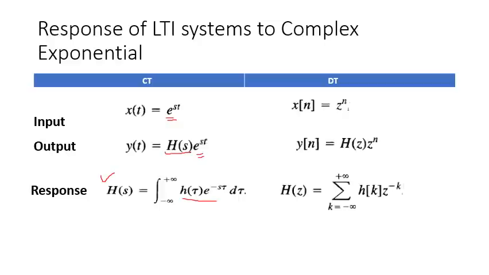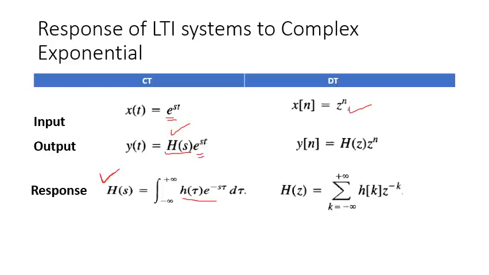Similarly, in the discrete time case, the input signal is z of n. These are all valid only when the input signal is a complex exponential. When the input is a complex exponential signal, the output is simply the complex scaling factor times the input.